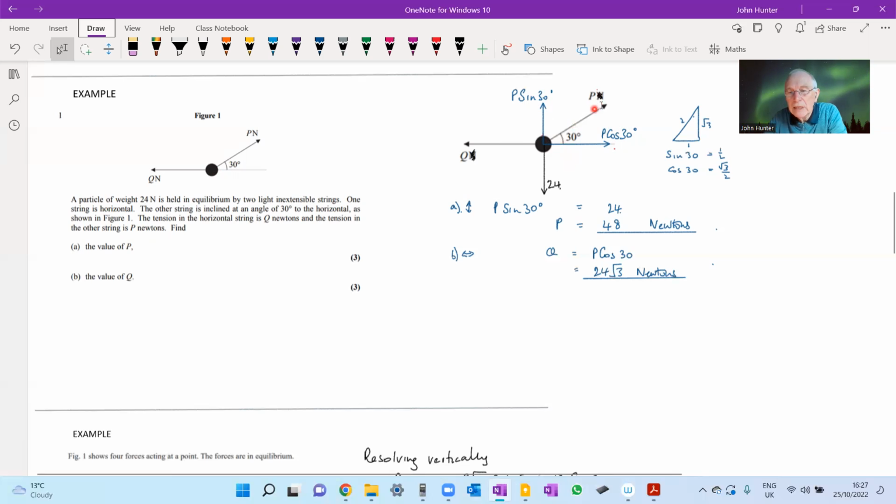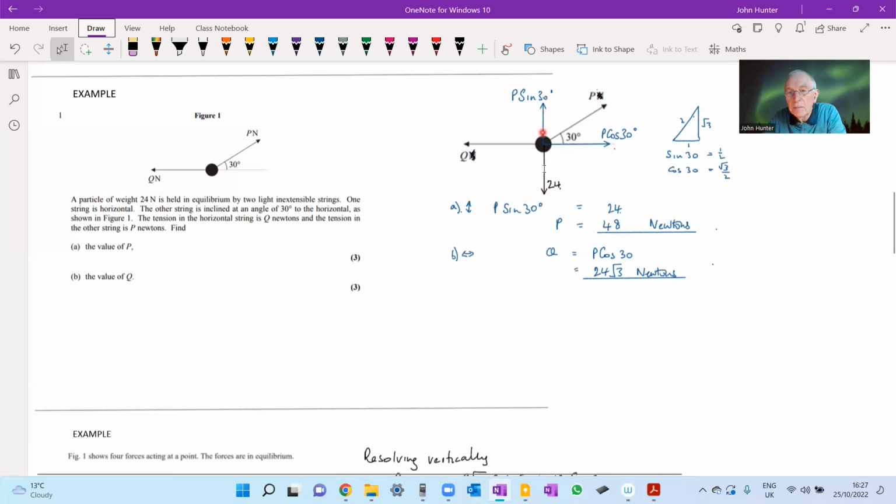So we've replaced this force here by these two for the purpose of our calculations. Now that's nice and easy, because when we're looking in the vertical direction, we can see there are two forces. There's P sine 30 acting upwards, and this 24 acting downwards.